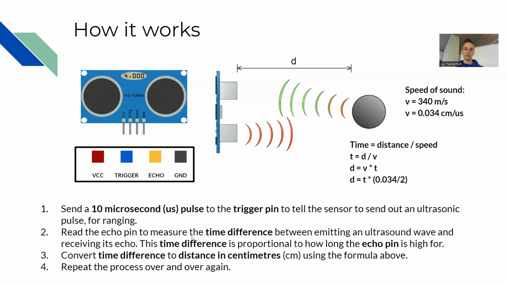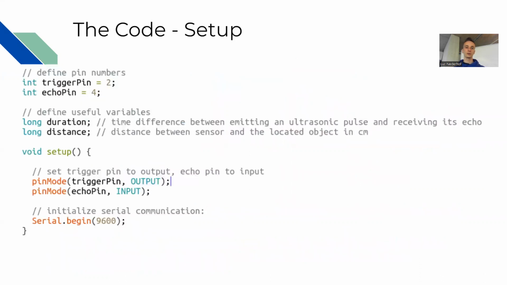So they read the echo pins and measure the time difference proportional to how long the echo pin is high for. Yes. So the echo pin will stay high for a certain amount based on how long it took for that signal to get back. And then you convert it using the formula and you repeat the process over and over again. It's on a 10 microsecond pulse, so it does not take very long. It's very, very fast.